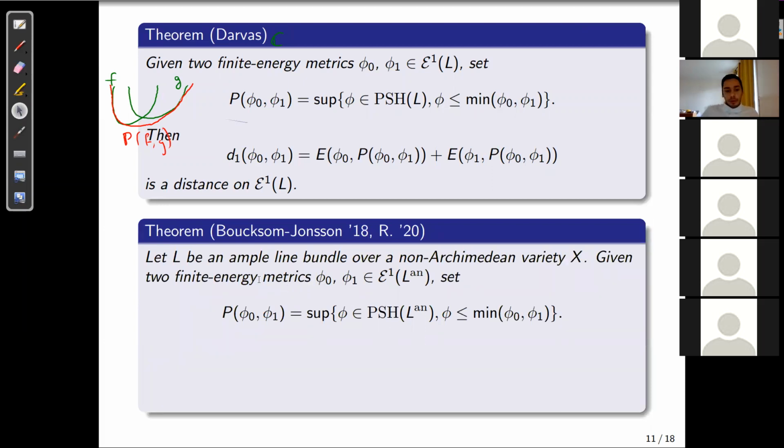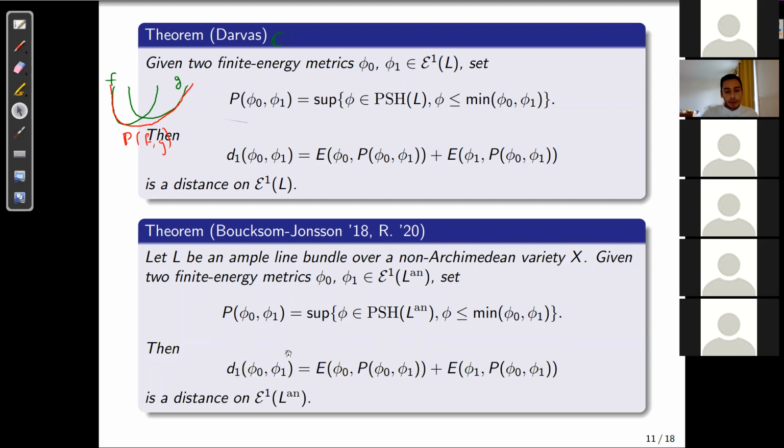So we can again define the envelope of two PSH finite energy non-Archimedean metrics to be the maximal PSH metric bounded by both of them. And we can define exactly the same way our distance on the space of finite energy metrics, and it turns out to actually be a distance, which is very nice.